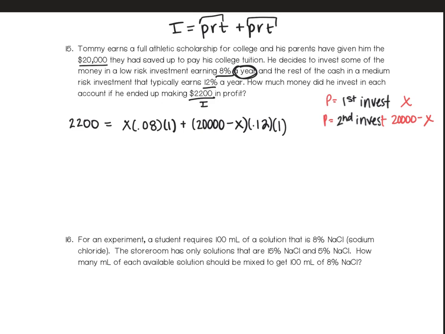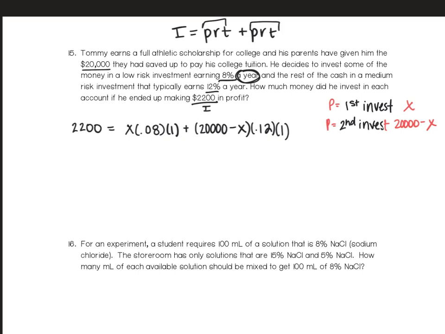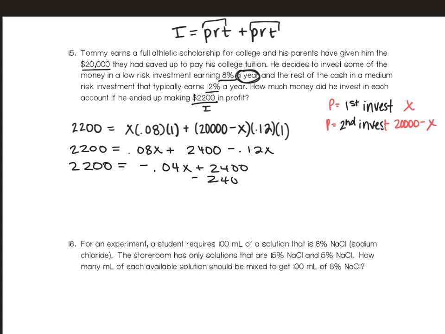So when you simplify, you end up with 2,200 equals 0.08x plus 2,400 minus 0.12x. Then you can start combining like terms. So you get negative 0.04x plus 2,400, subtract from both sides.